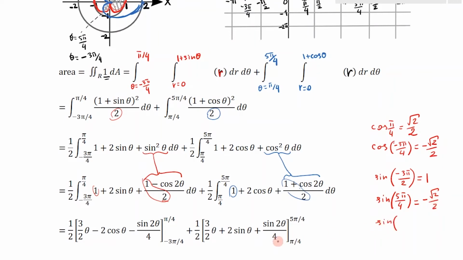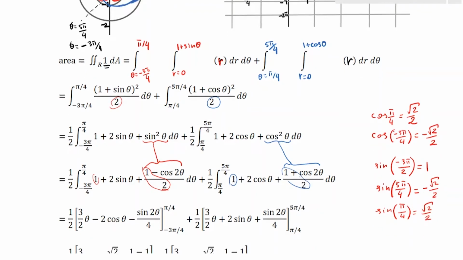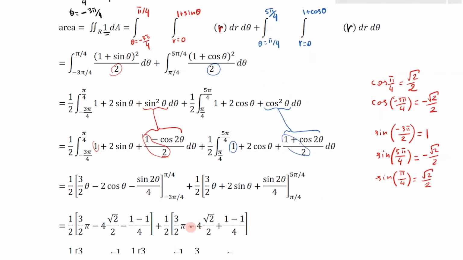Sine of pi over 4 is root 2 over 2, but we're subtracting. So we end up with double of this guy. So negative 4 times root 2 over 2 instead of 2 times root 2 over 2. Then we have plus sine of, sorry, of 5 pi over 2, because of this 2.